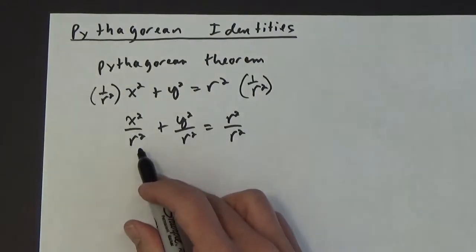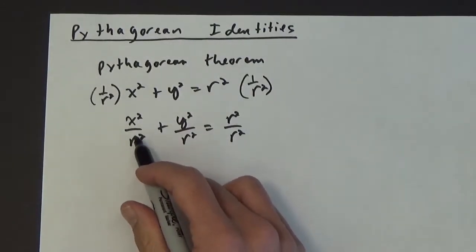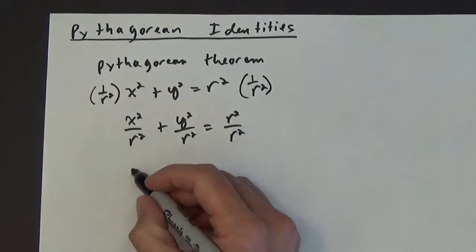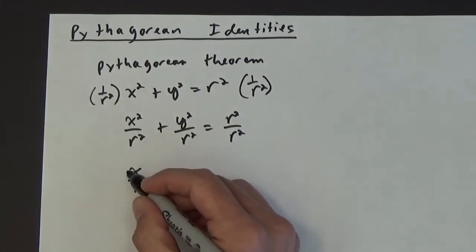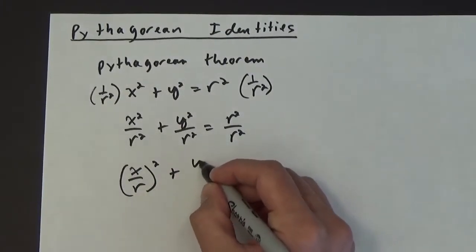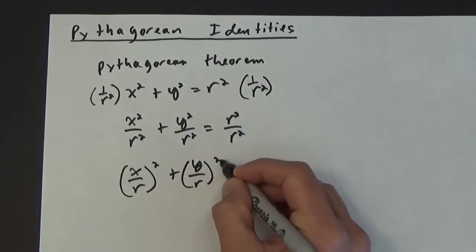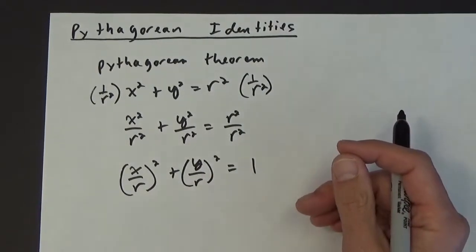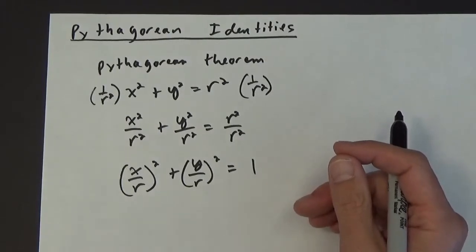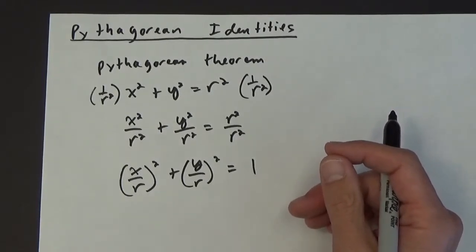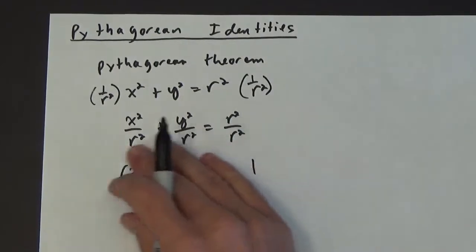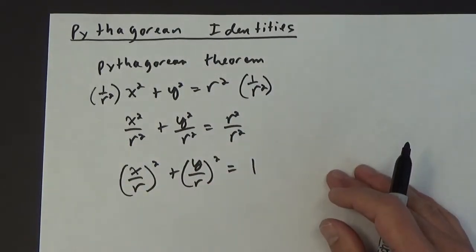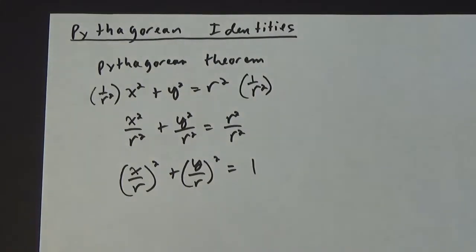Let's simplify these. Because we're taking two things that are being squared and dividing, we can rewrite that as (x over r) squared plus (y over r) squared equals 1. To complete this identity, we need to make an observation.